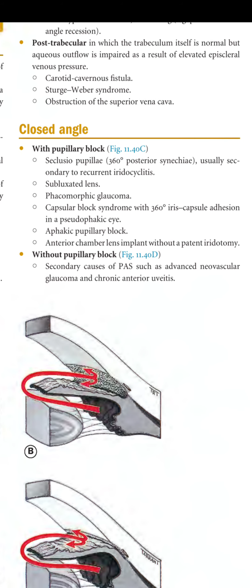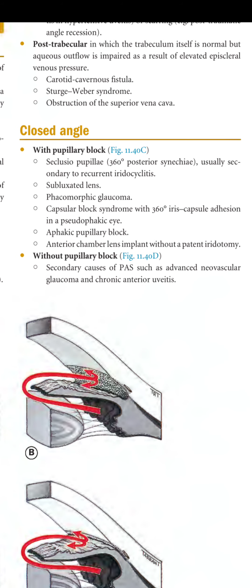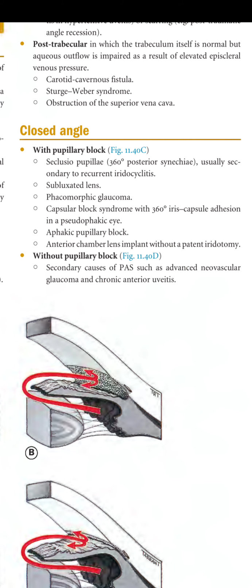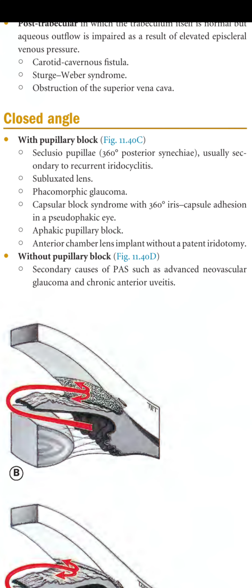Then there is closed angle. There is closed angle with pupillary block and without pupillary block, in which pupillary block means that the pupil has become blocked and it is not letting the posterior chamber aqueous humor flow out to the anterior chamber. Number one is occlusio pupillae, 360-degree posterior synechiae, usually secondary to recurrent iridocyclitis.